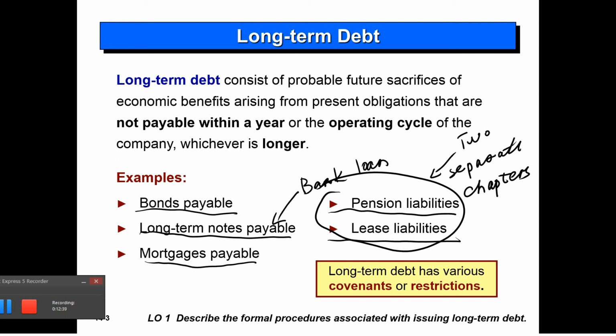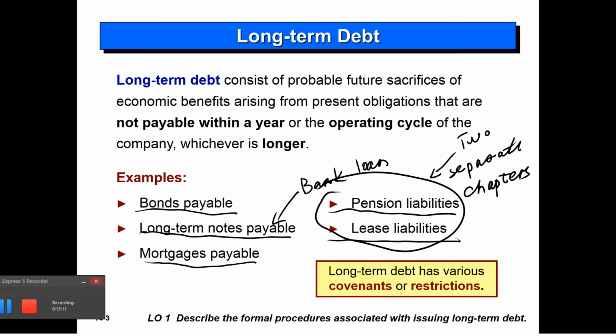They have the control power. In comparison, bondholders don't. So they cannot control the business activities of a company. How can they protect their own interest if they are not able to directly control the business operation of a company? Through covenants or restrictions attached to the loans or attached to the bonds.